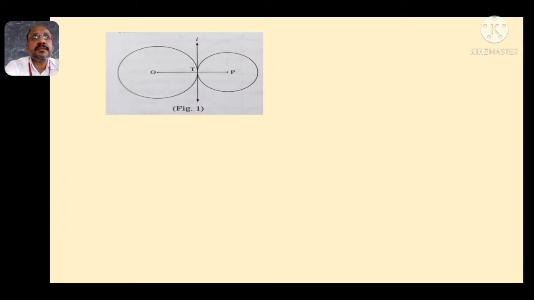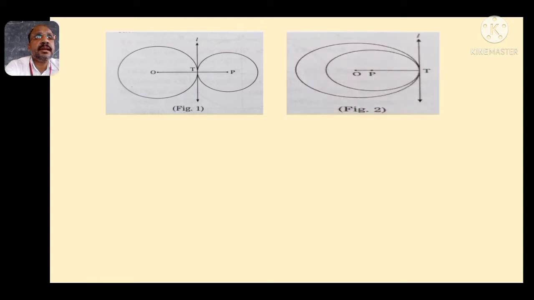Here we have given the figure of two circles which are touching circles, and this type is externally touching circles, and the tangent is common. And another figure which is internally touching circles.